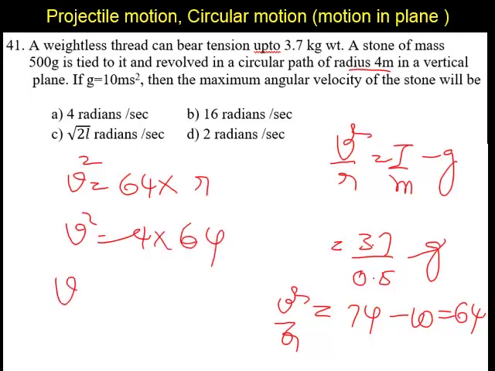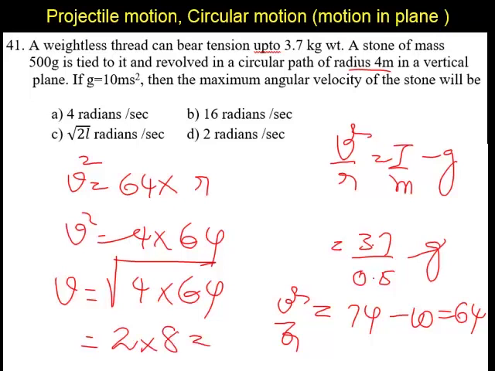So v is the square root of 4 into 64. Root of 4 is 2. Root of 64 is 8. So the answer is 16, which is 2 into 8. So velocity is 16.